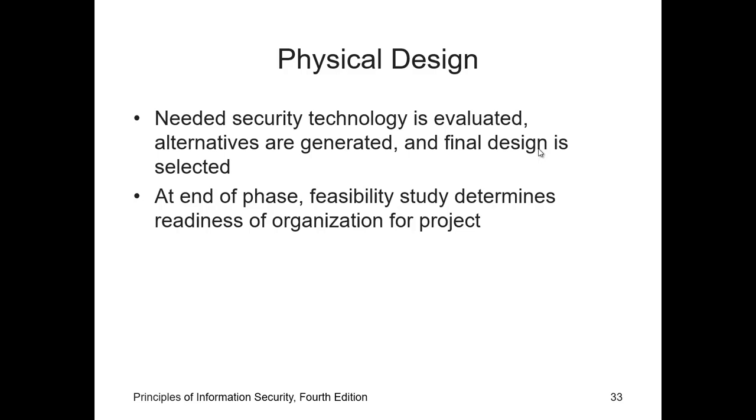At the end of this phase, a feasibility study should determine the readiness of the organization for the proposed project. And then the champion and users are presented with the design. At this time, all parties involved have a chance to approve the project before implementation begins.